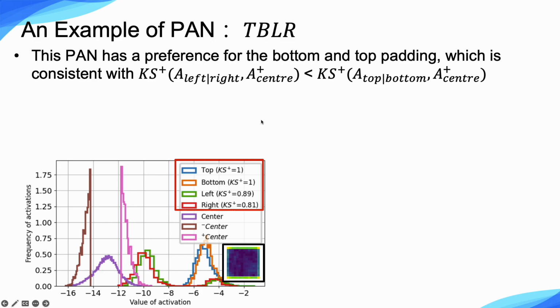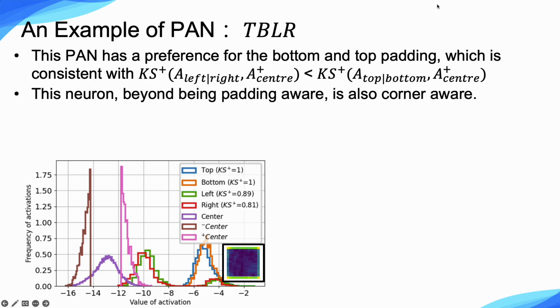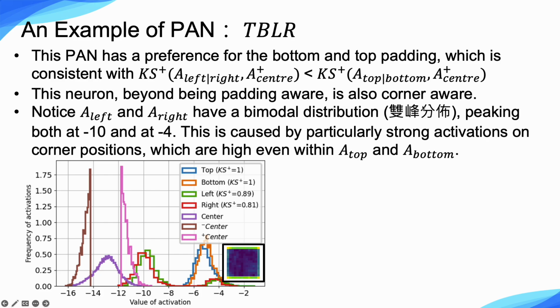So let's take a look at this kind of pan. This pan has a preference for bottom and top padding, which is consistent with KS plus being lesser than KS plus for top, bottom, and center. And this neuron, beyond being padding aware, is also corner aware.